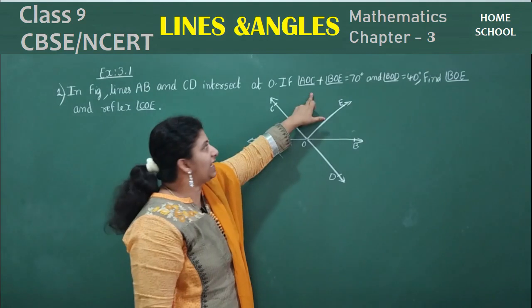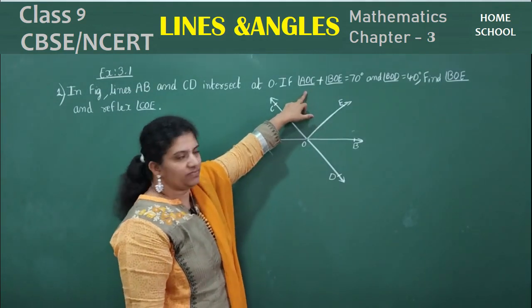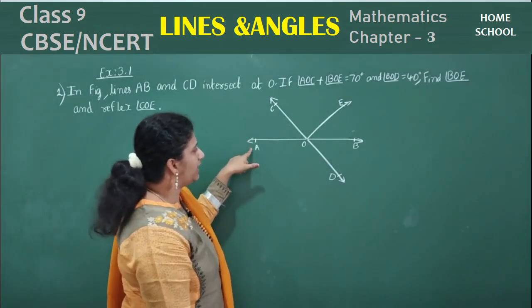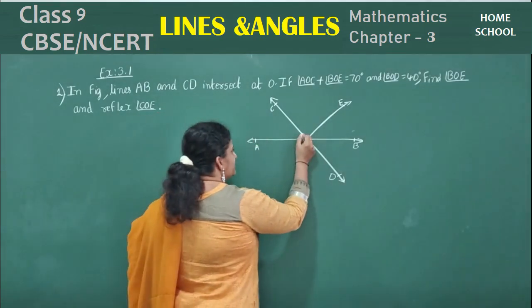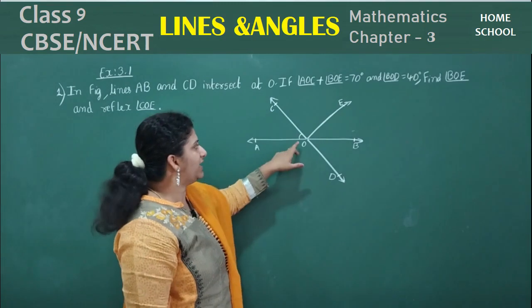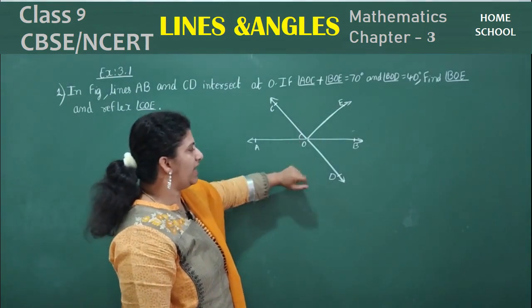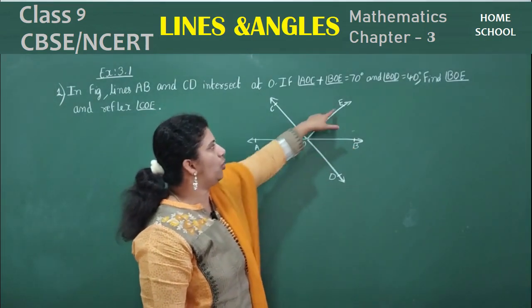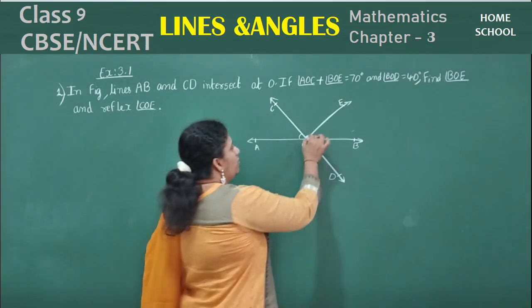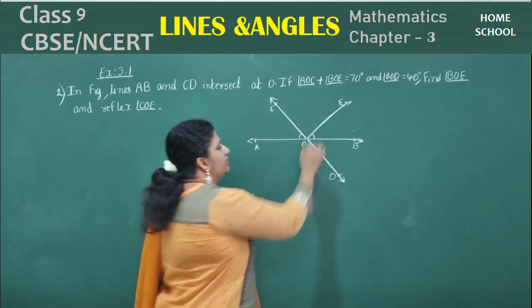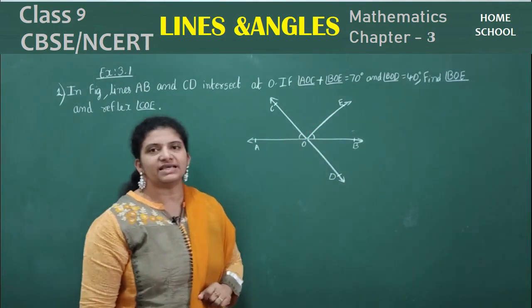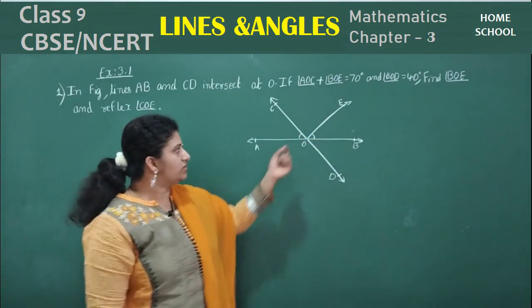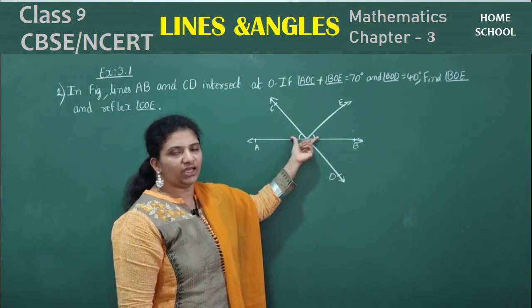You think. Angle AOC. See children, angle AOC. Where is that angle? This is the angle, right? Angle AOC plus angle BOE. So look here children, this angle plus this angle is how much? 70 degrees.